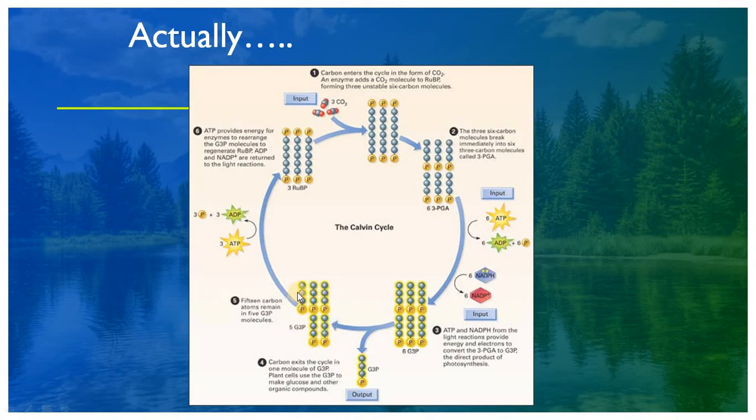All of the rest of the G3P, so the 5 of those, will be used to regenerate ribulose 1,5-bisphosphate. So all of those sugars are being created, but only one will be exported out. So you can see how it is very important for plants to have lots of supplies of RuBP.